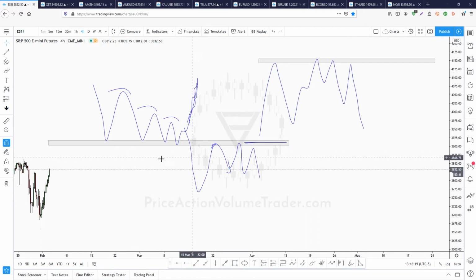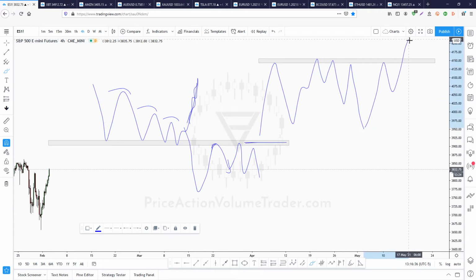Now we can apply the rule that the more times it touches, the stronger it becomes. But if we start touching it too much from one side, we can expect eventually it's going to fail. And the same thing here. If we come back here and eventually break it, now this strong resistance, we expect it to come back and act as a strong support.